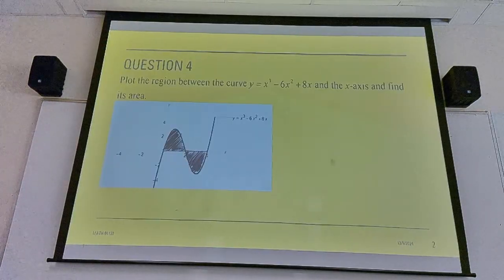That's the area we're trying to find. Keep in mind, we want area, not signed area.